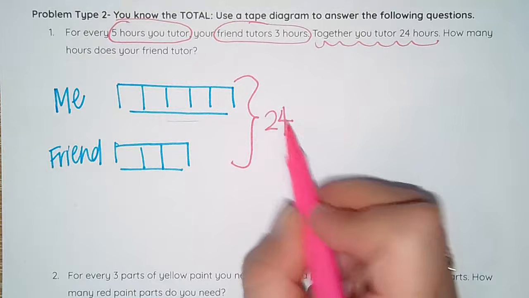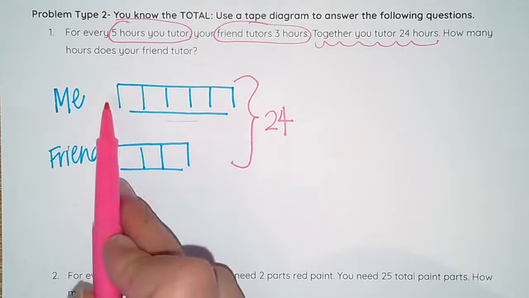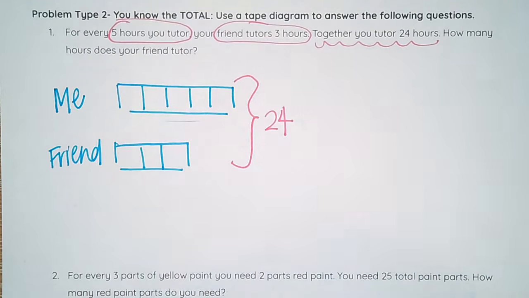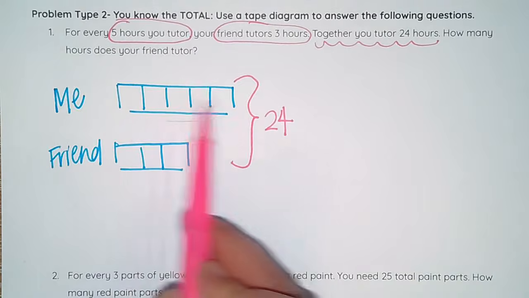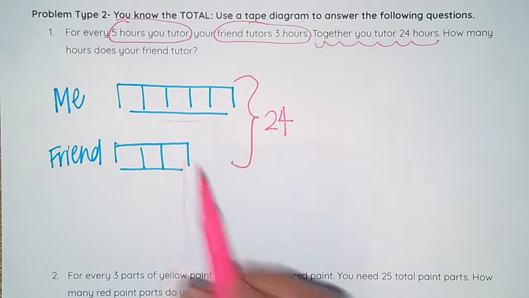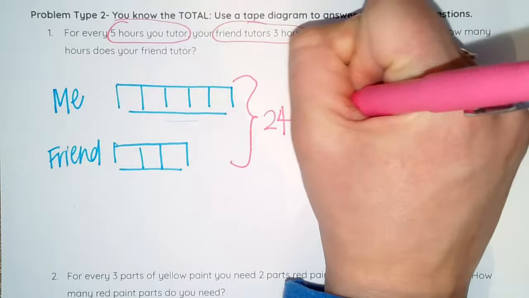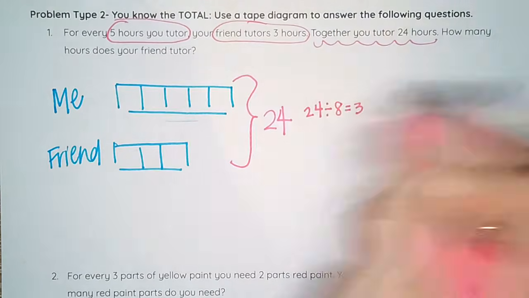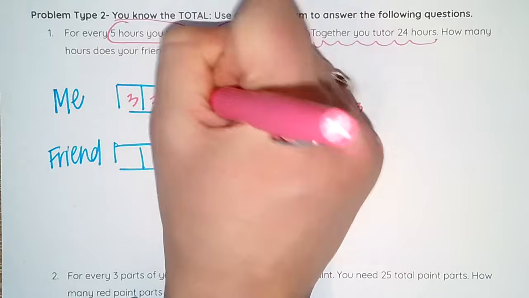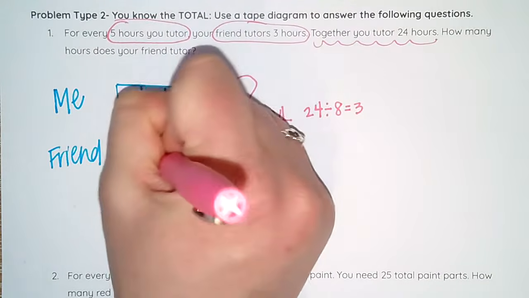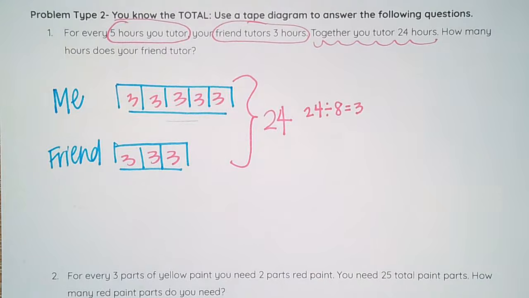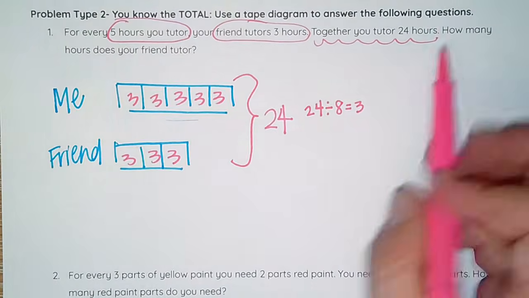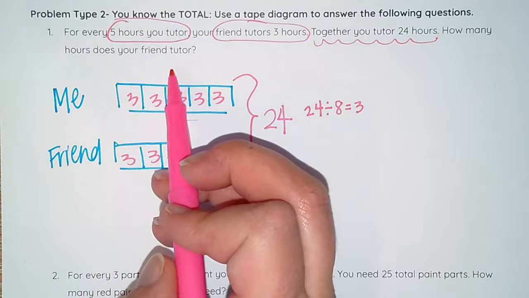So those 24 hours have to get evenly divided into our boxes. Well, I have 5 here and 3 here, so I have a total of 8. So it will be 24 divided by 8, which gets me 3. 3 goes in each of my boxes. Now, how many hours does my friend tutor?